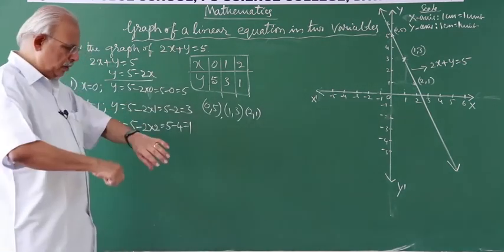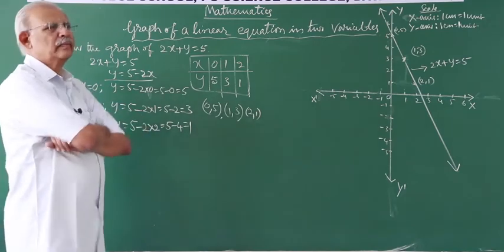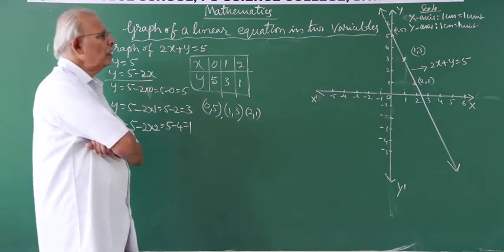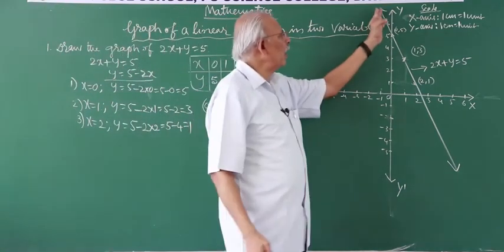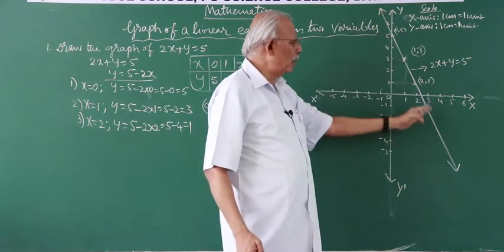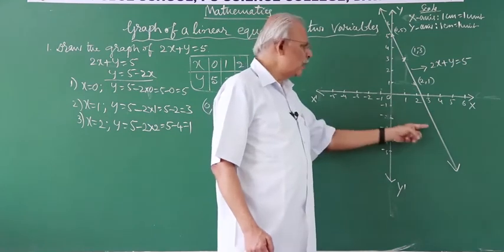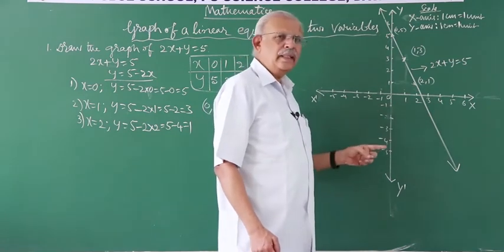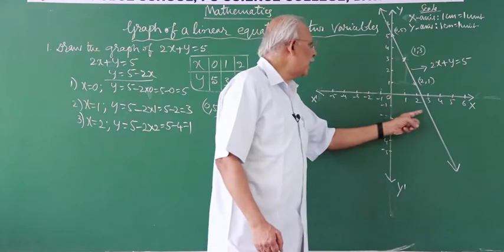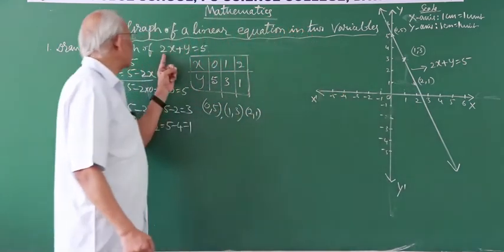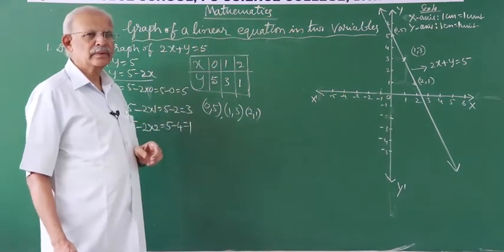Look here. Dear students, if you take any point on this line and find its coordinates, then they satisfy this equation 2x plus y equals 5.